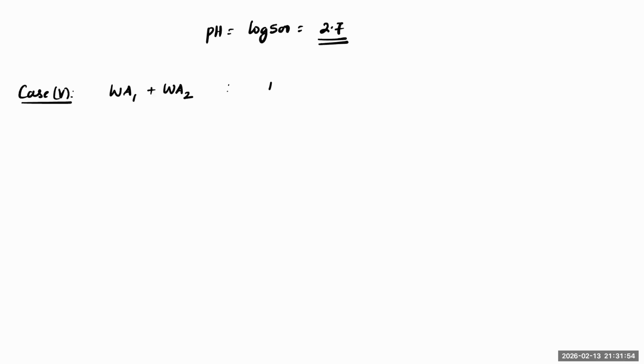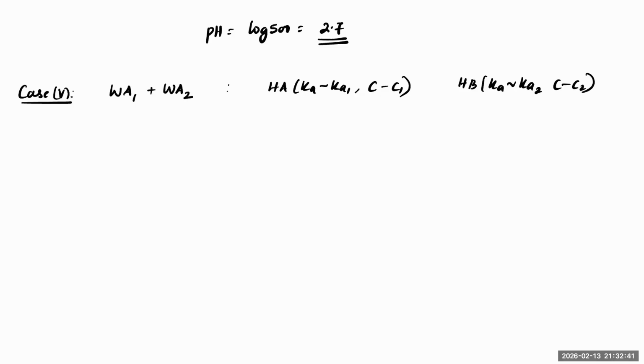In such a case, let's say I have HA acid of Ka value given as Ka1 and concentration given as C1, and HB, another acid, the Ka value, let this be Ka2 and concentration C2.